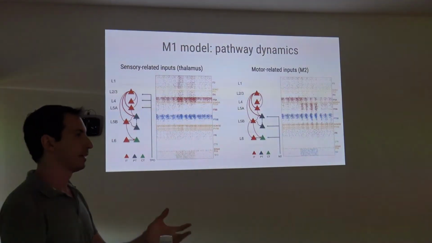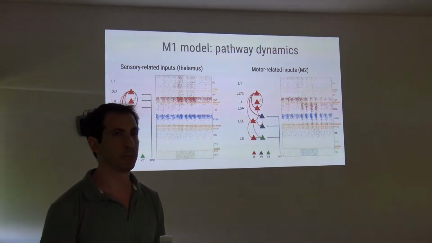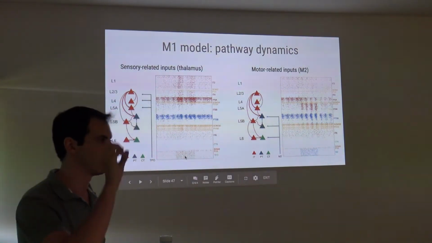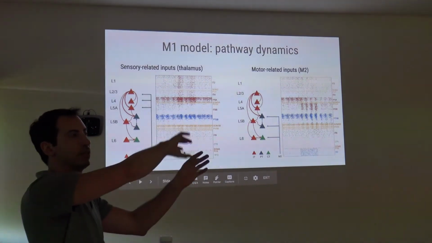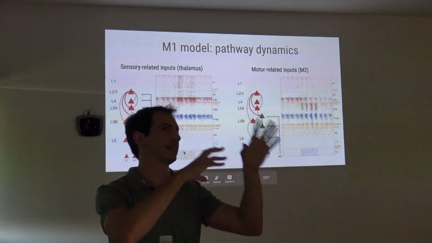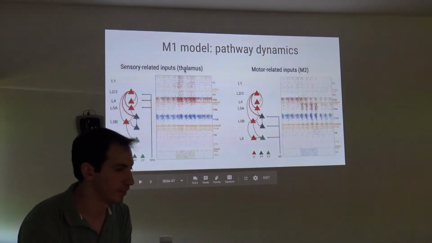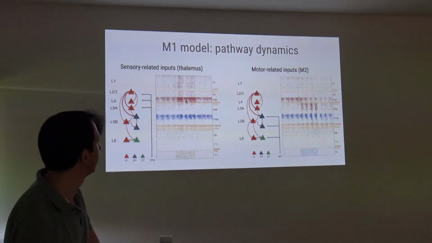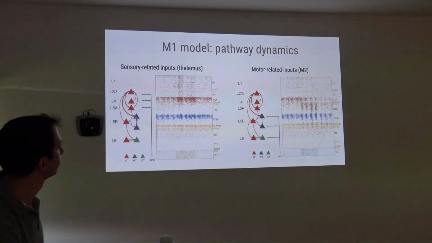And because we have the model, now we can play with it. We want to see what happens when you provide inputs from this part of the brain called thalamus. We can increase the inputs from that particular part and see how the dynamics of the network are modified: what gets activated, what populations fire, which ones don't. When you activate the thalamus, this goes mostly to the upper layers, so you get a lot of activity in layer 2-3, and then some activity in the PT cells, because these are connected from layer 2-3 to PT.